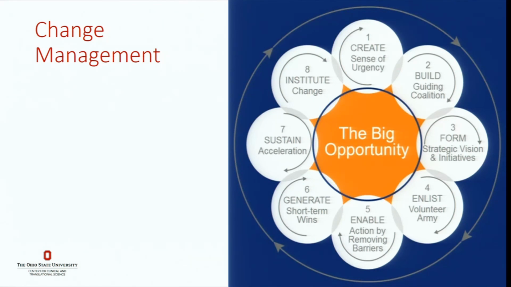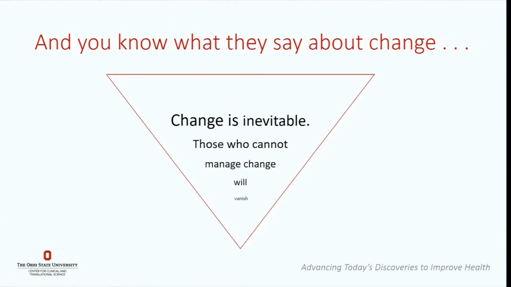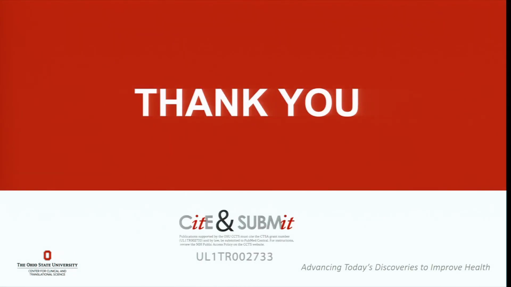So a lot of things can go wrong in a clinical trial, and that's an important thing for us to mitigate. And you know what they say about change? I use this slide frequently. Change is inevitable, and those who cannot manage change will vanish, whether it's shutting you down or whatever. So with that, do you have any questions?